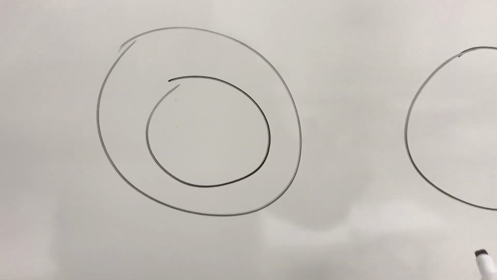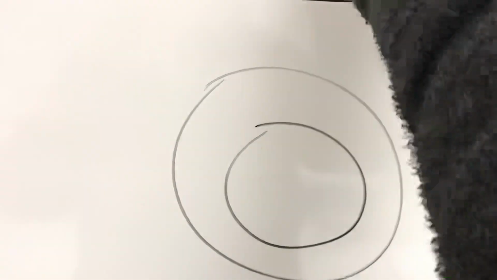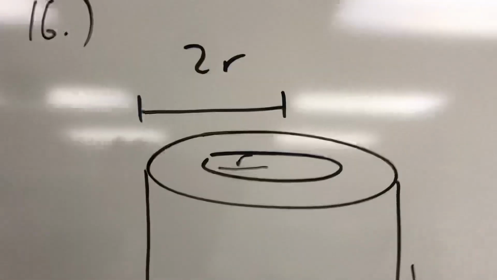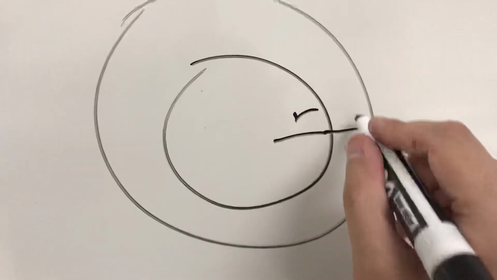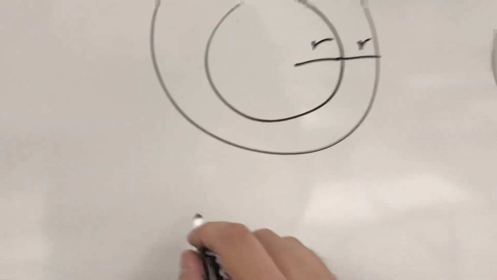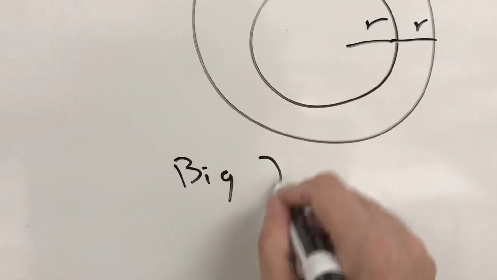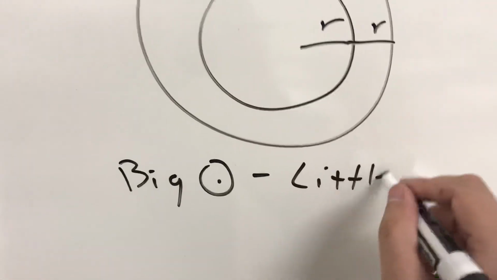So all we're going to need to show here, and I think that inner radius there is r, if I remember correctly. So we've got an inner radius of r, we've got a big radius of 2r. So we're going to take the big circle and subtract the little circle.